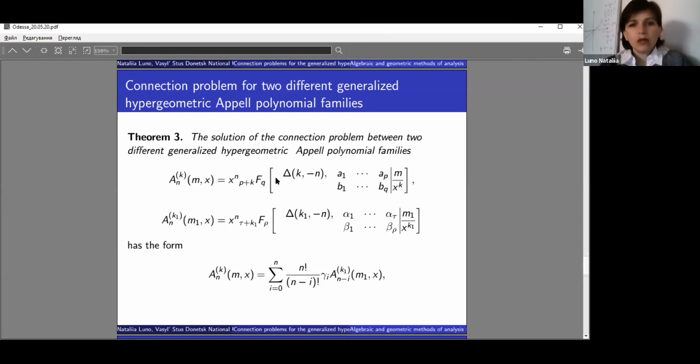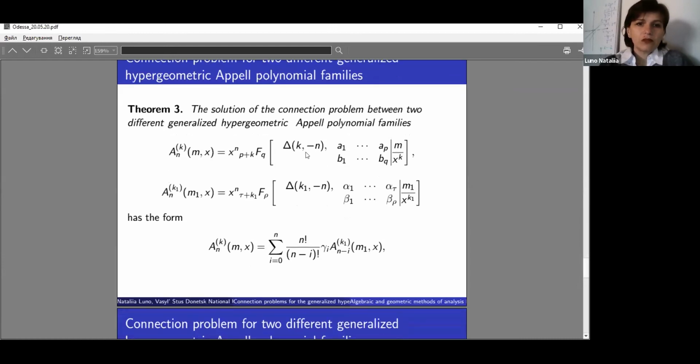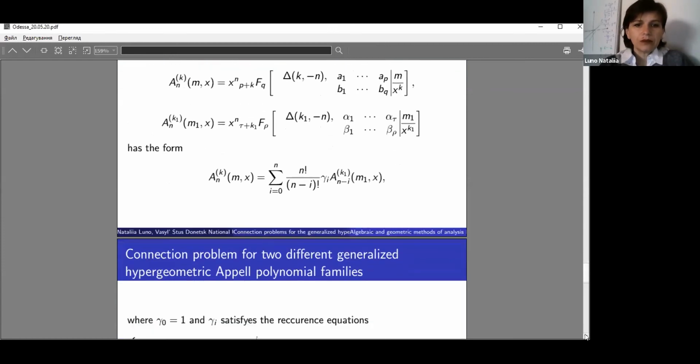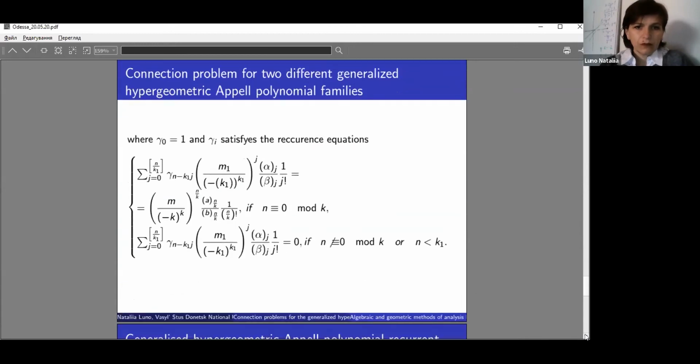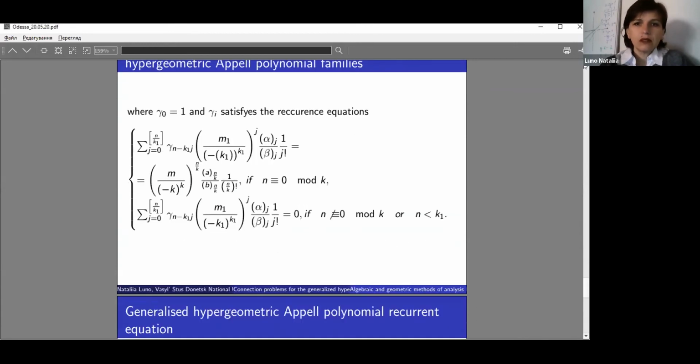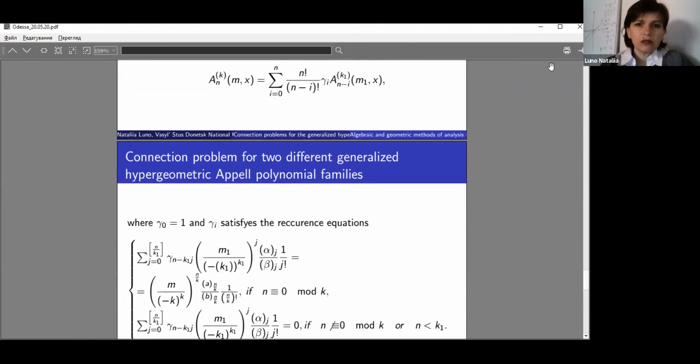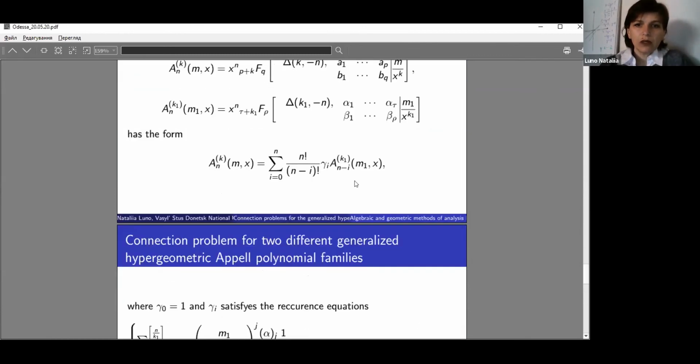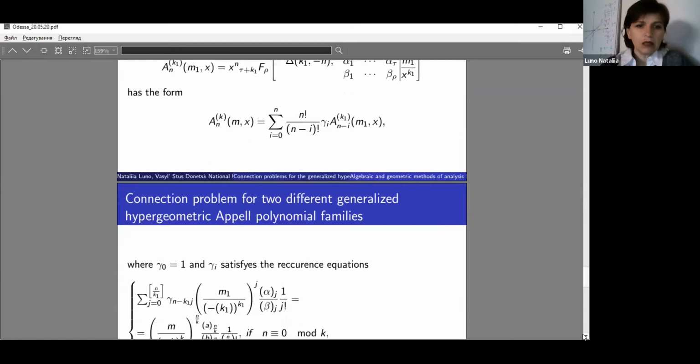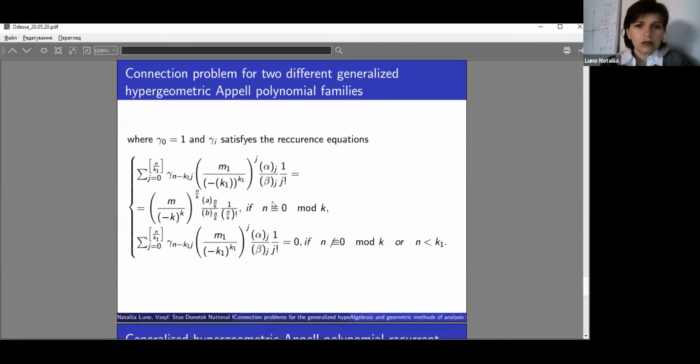If we have the explicit form of the first family and the explicit form of the second family, then we can define the connection coefficients, which are denoted by gamma_k, and here are the recurrence equations for gamma_k.